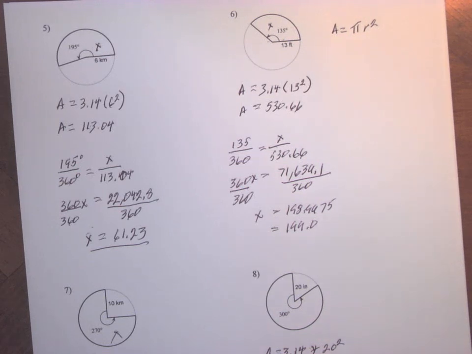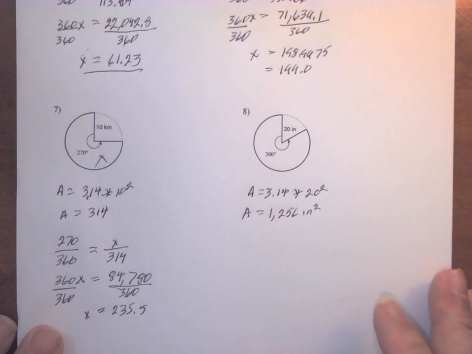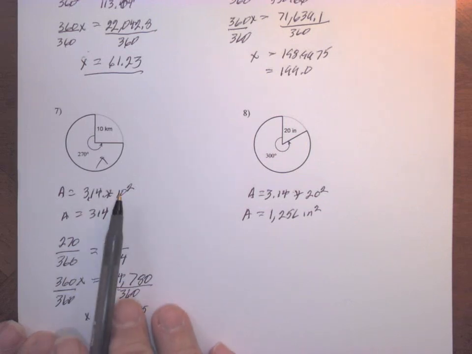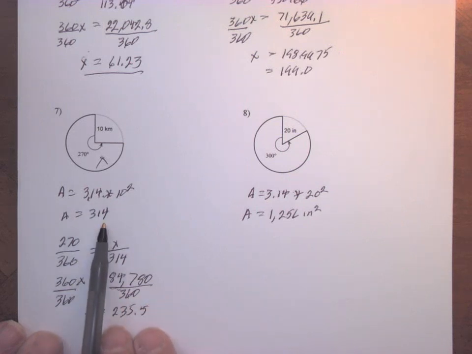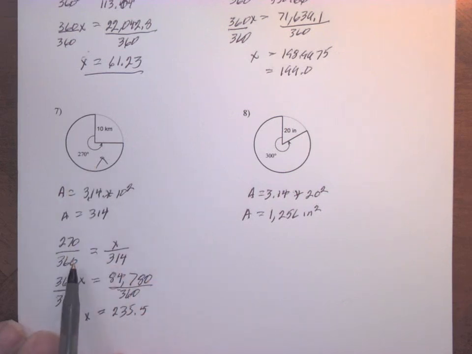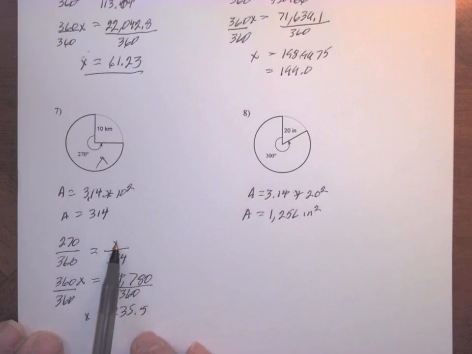But we're going to do the same thing we've done all the way up here. I'm sorry, I skipped that and didn't show y'all all this. 3.14 times 10 squared is 100 times 3.14, which is 314. We got a central angle of 270 over 360. And so the area has got to be equal to that proportion of x over 314.